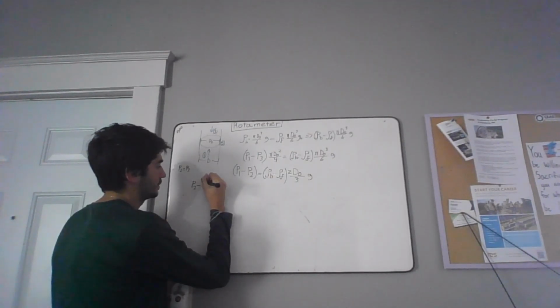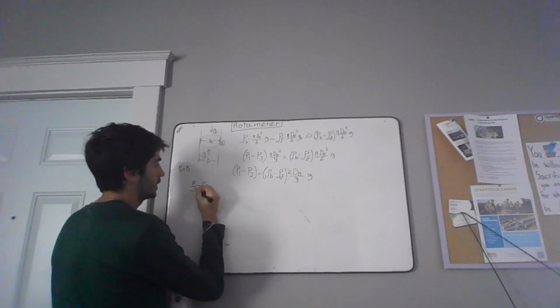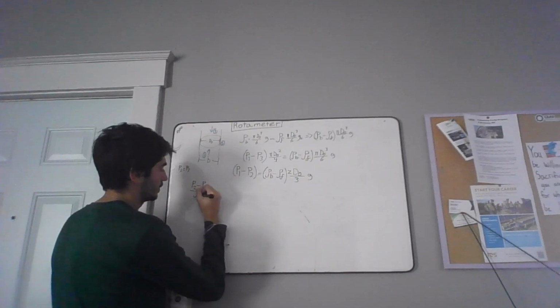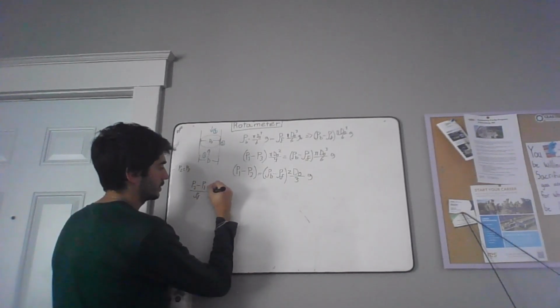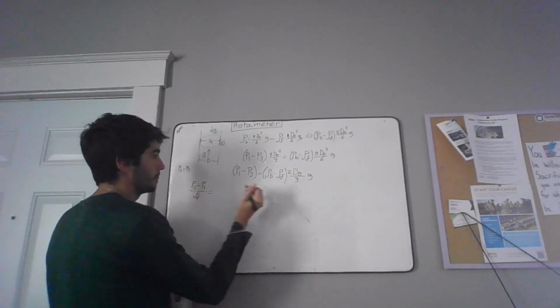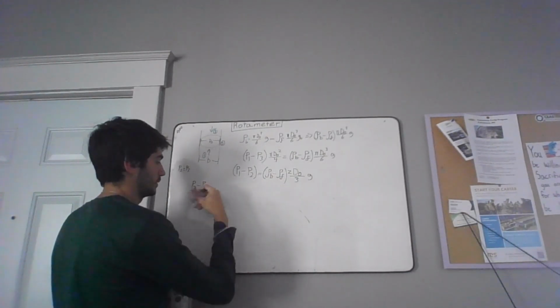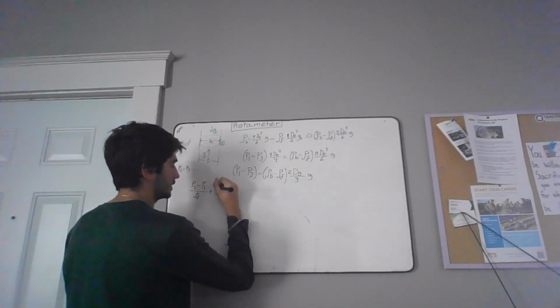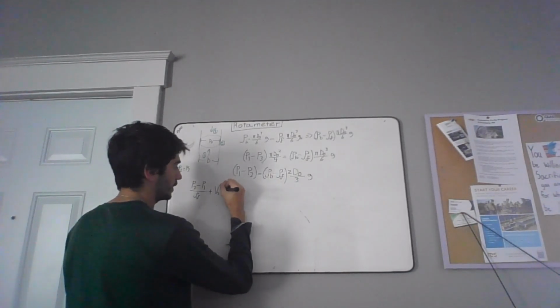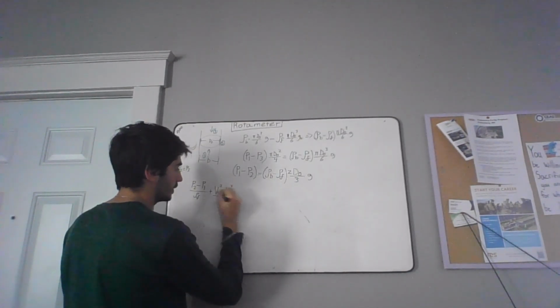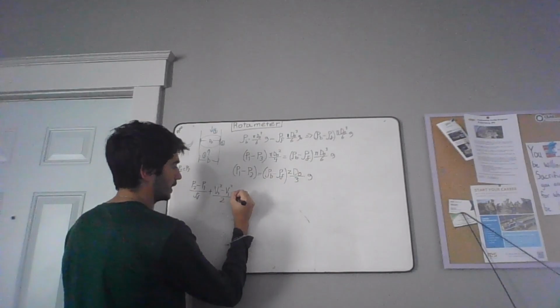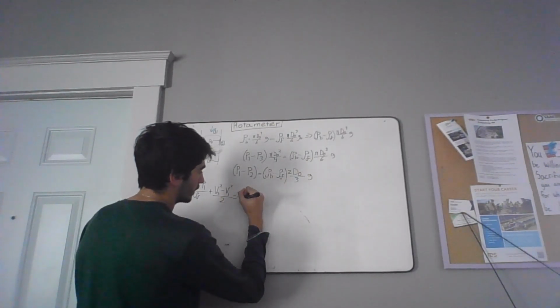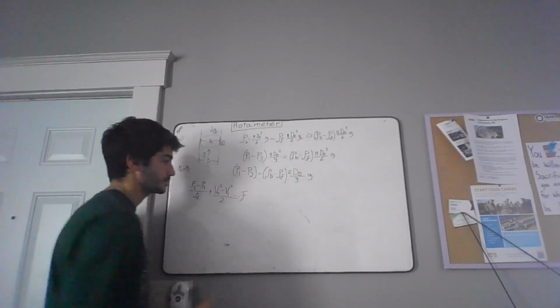P2 minus P1 is equal to the change in density of the fluid times the velocity term, so we're going to have (V2 squared minus V1 squared) all over 2. And this is equal to the negative frictional force term.